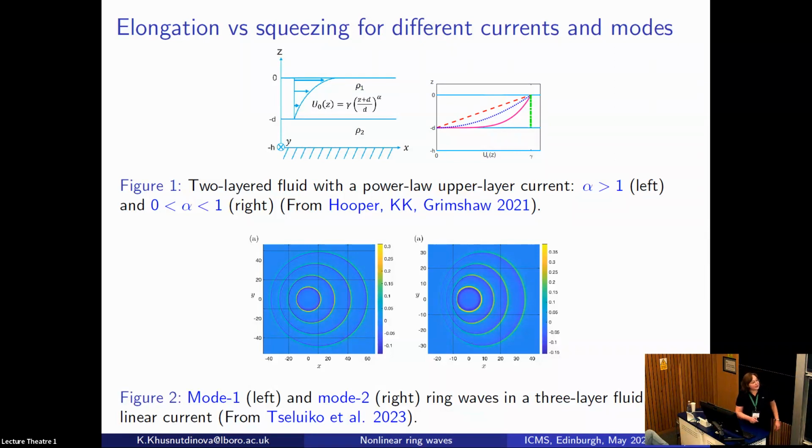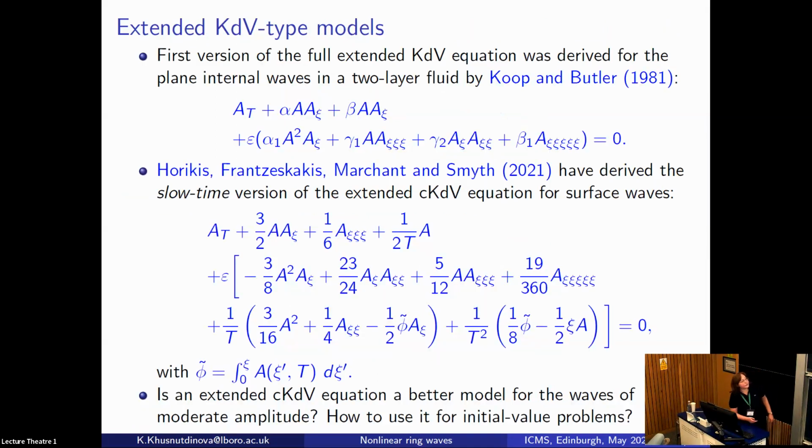In that case, we observed that the wavefronts of the first internal mode are elongated in the direction of the current, but the wavefront of the second internal mode is squeezed in the direction of the current. And again, it was shown that this is related to the existence of the long wave instability for the second mode. This paper is due to appear shortly in Nonlinearity.